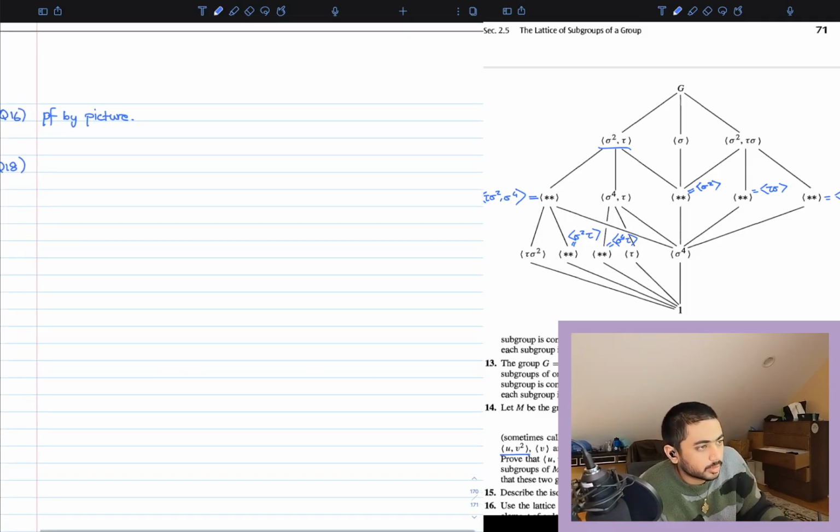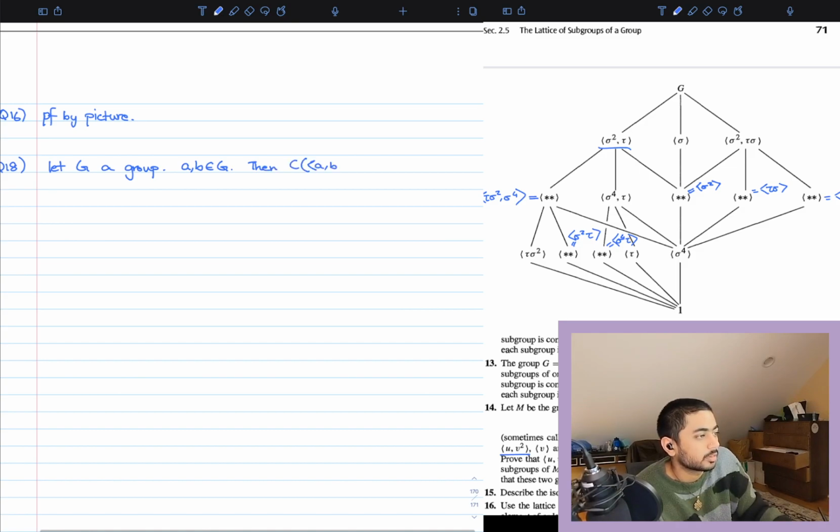So let G be a group, and let A and B be inside this group. So A and B are 2 elements. Then we want to show that the centralizer of the group generated by A and B is the same thing as the intersection of the centralizer of each element.